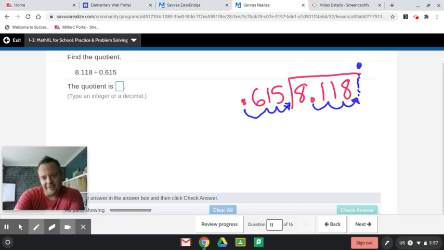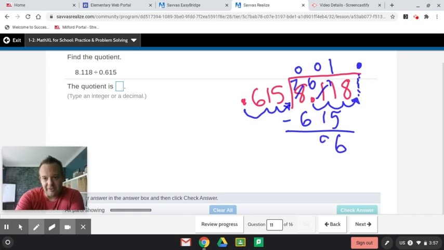615 goes into 8. Nope. 615 goes into 81. 615 goes into 811. Yes, it does. 1 times 615. 615 subtract. Gotta borrow. 11 minus 5 is 6. 10 minus 1 is 9.